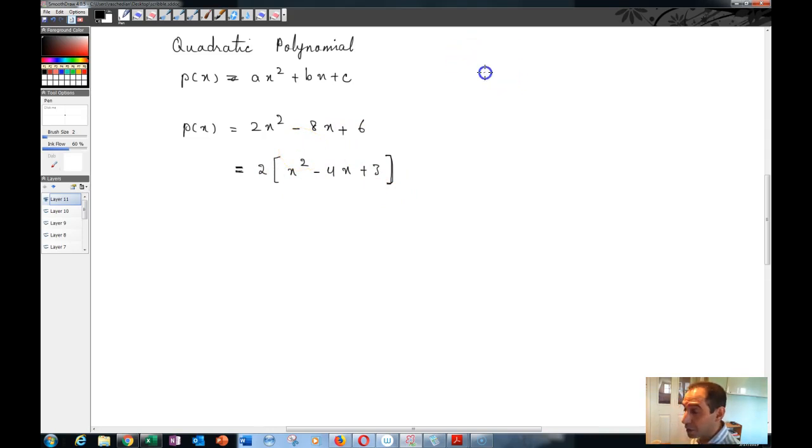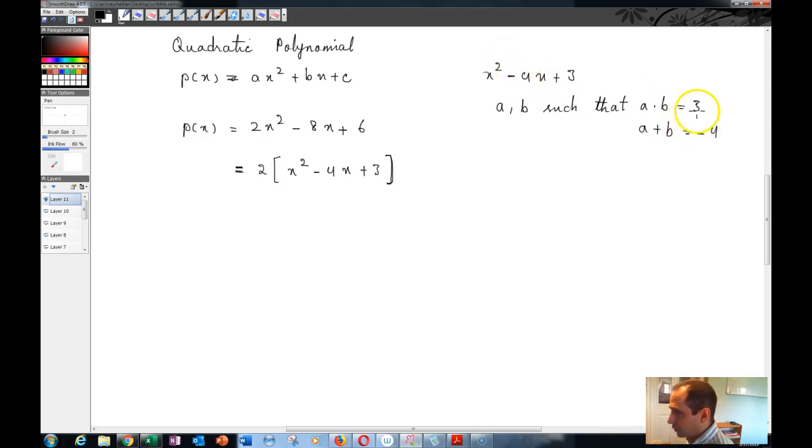You have x squared minus 4x plus 3, and you are looking for two numbers a and b, such that a times b is equal to 1 times 3, which is 3, and a plus b is equal to negative 4. a times b is equal to 3, that could be, for example, 1 and 3.